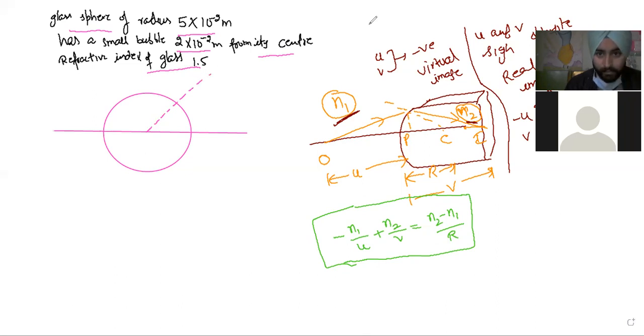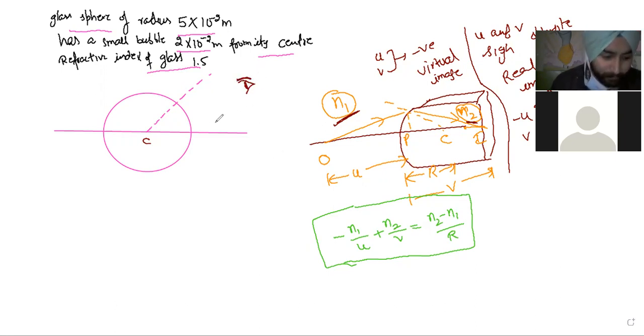So this is your center of curvature, I will just write here C. Now we are viewing along the diameter. So according to this equation, we have to observe it from this side. I have written half the question here. So we are observing from this side.